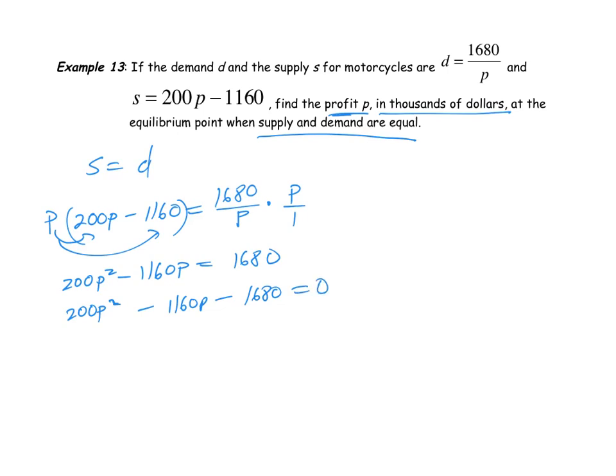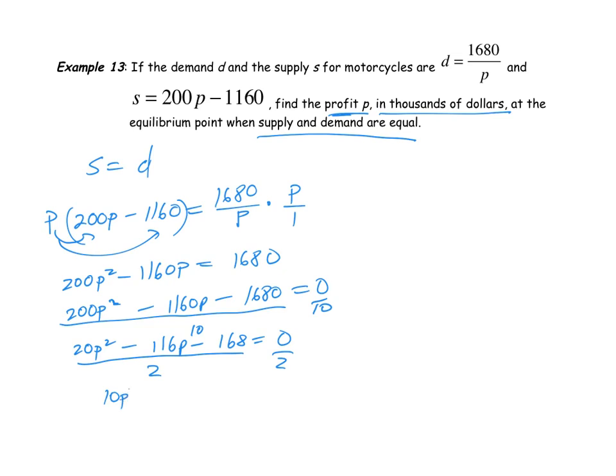Now we'll try to divide out common factors. It's pretty obvious that all of these values are divisible by 10. So that leaves us with 20p squared minus 116p minus 168 equals 0. These are still even, so we can divide both sides of the equation by 2.